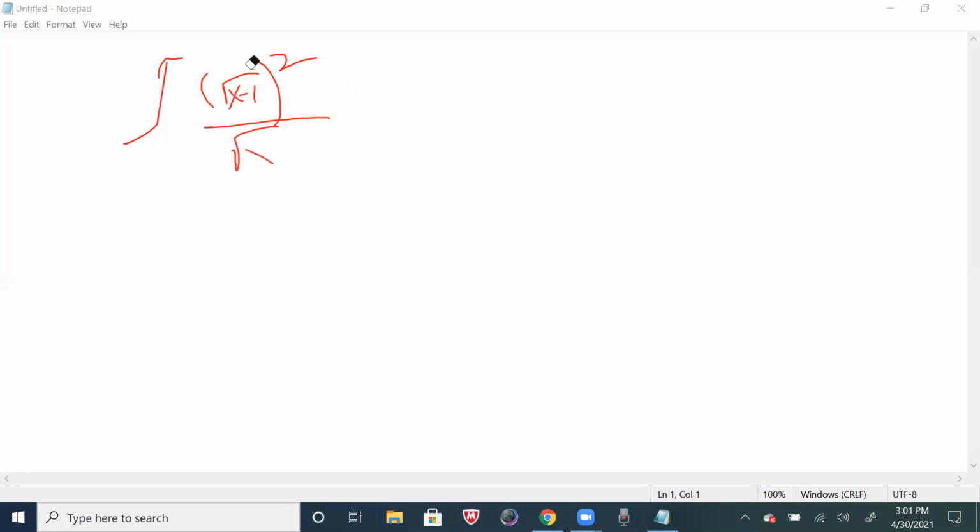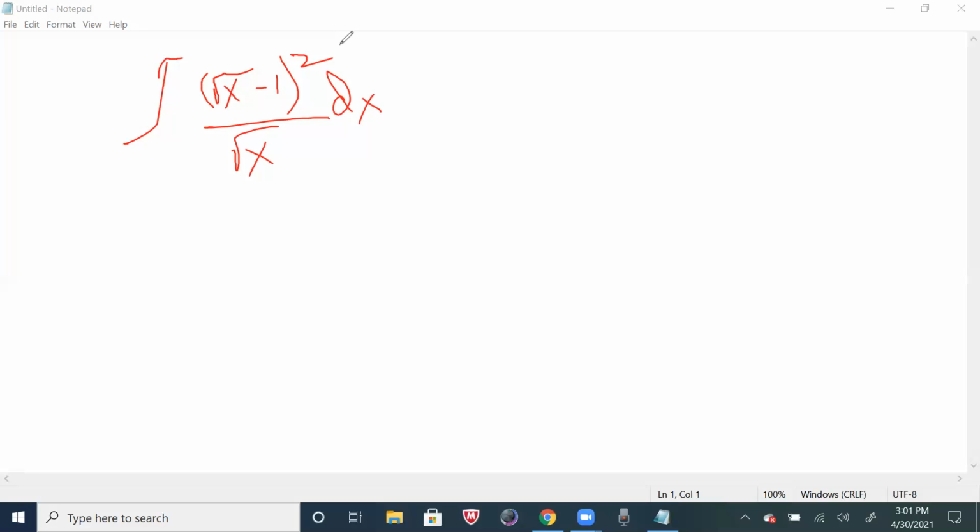Just note that the 1 is not part of the square root. So it's the square root of x minus 1, all squared. Yes.